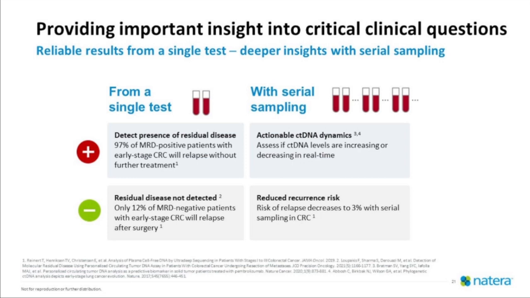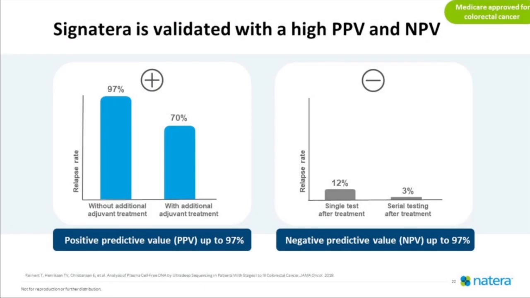So MRD negative patients will likely not relapse after surgery. Only 12% of patients with early stage colorectal cancer will relapse after surgery if it's a negative test. With serial sampling, which allows us to detect it over time, we're actually able to improve those results, and I'm going to go through some of that data going forward.